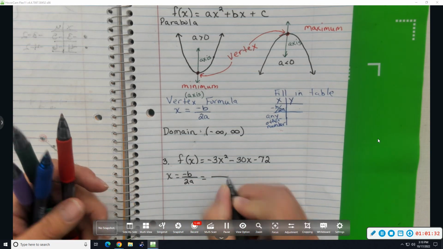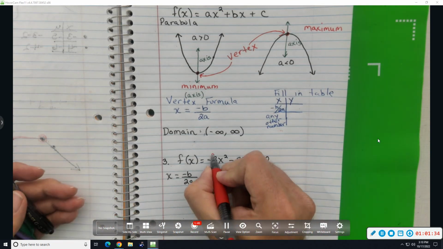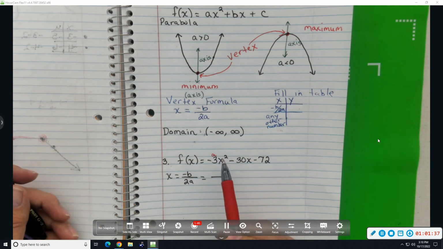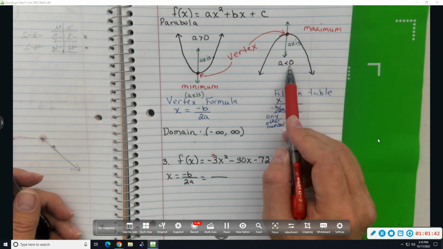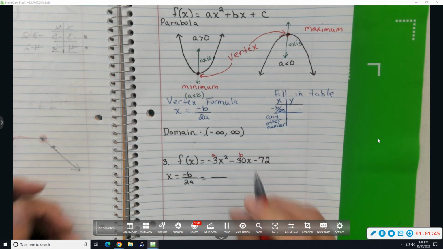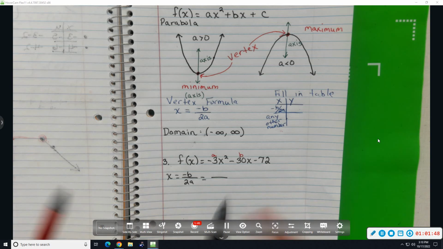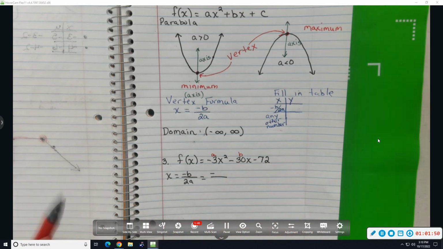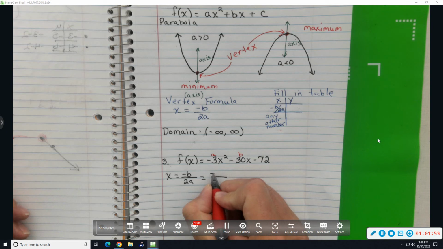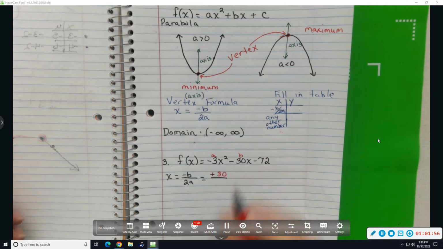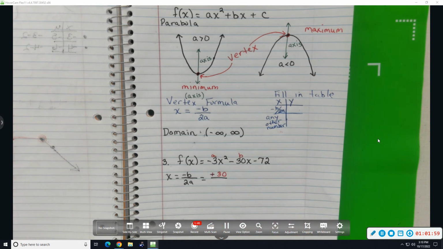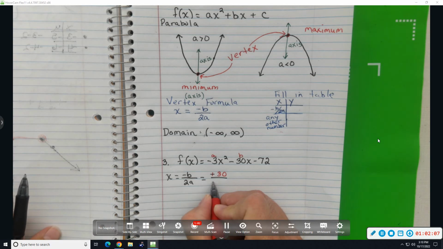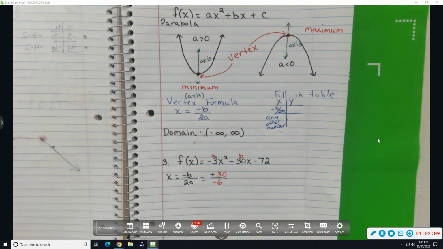And help me out. A is negative 3, so we know how it opens. Is it going to open up or down? Down, because A is negative. B is a negative 30, so be careful. There's minus B, that negative, I claim that's going to make it a positive 30, over 2 times A. 2 times negative 3 is going to be a negative 6?